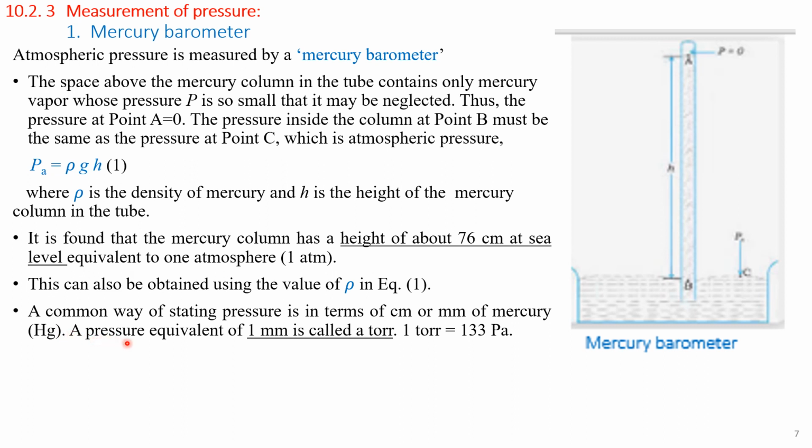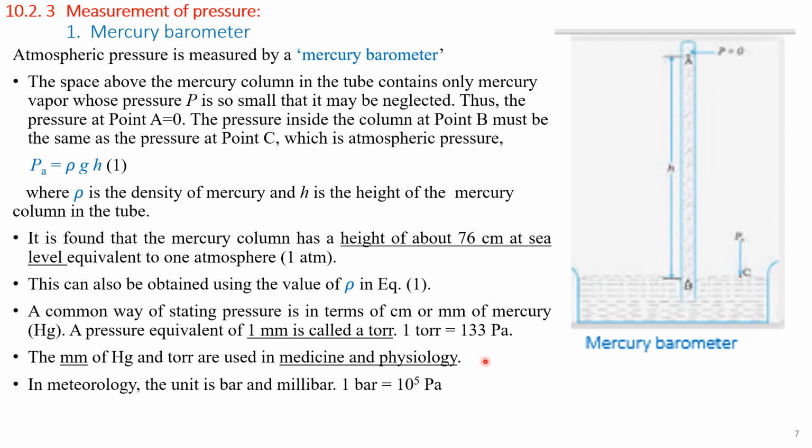A pressure equivalent of 1 mm is called a torr. 1 torr is equal to 133 pascals. The mm of mercury or torr are used specifically in medicine and physiology, whereas in meteorology the unit is bar or millibar. 1 bar is equal to 10^5 pascals.